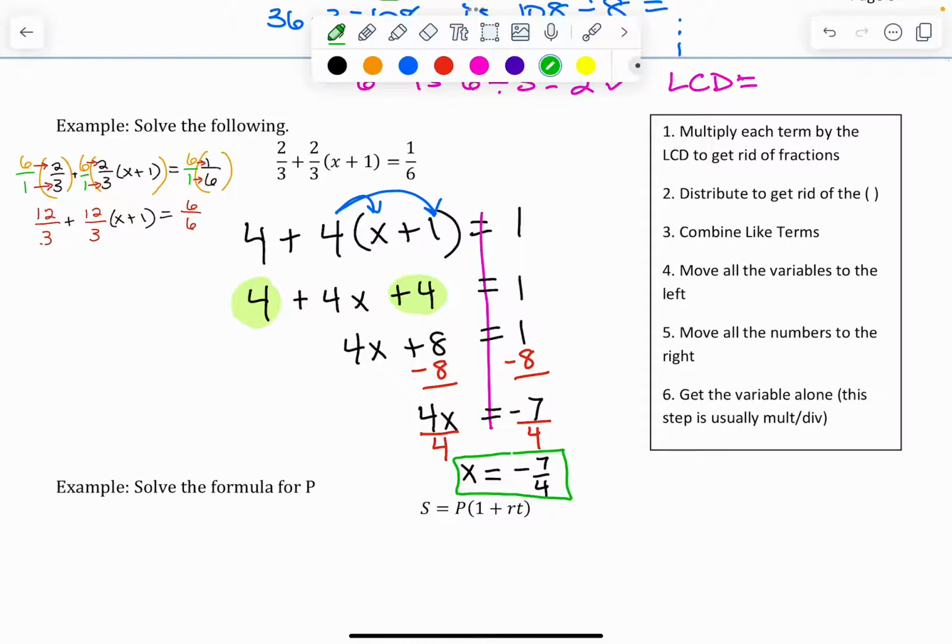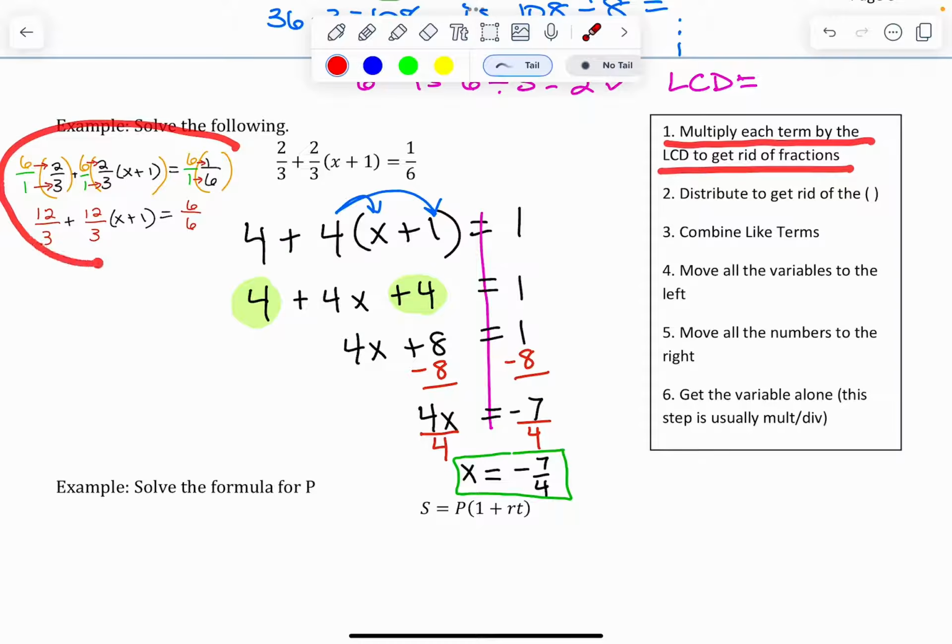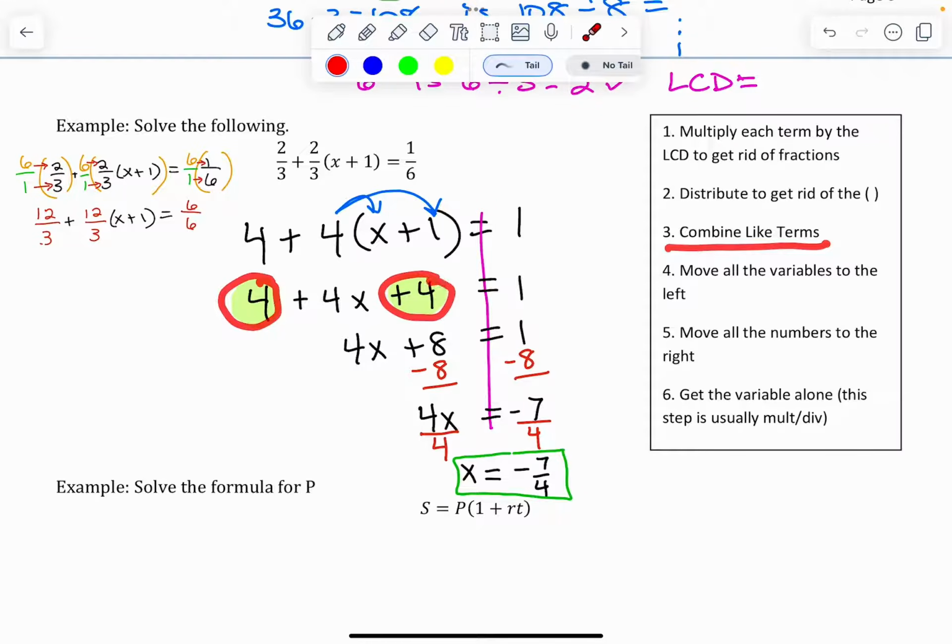So we can go back and look at the steps that we have. Multiply by the LCD to get rid of the fraction. That's what we did here. Then we distributed to get rid of the parentheses. Then we combined like terms, 4 plus 4.